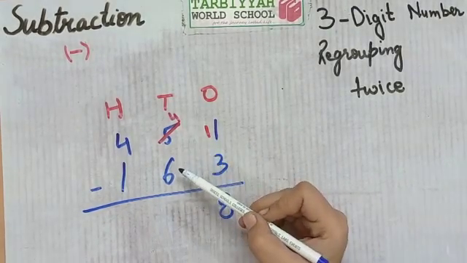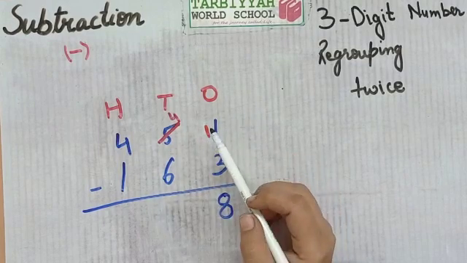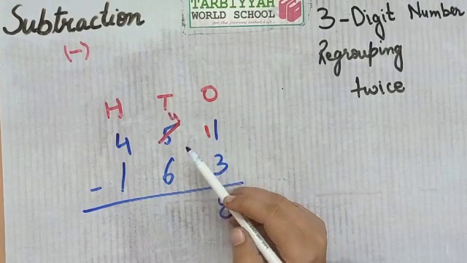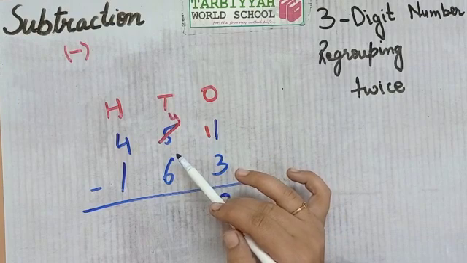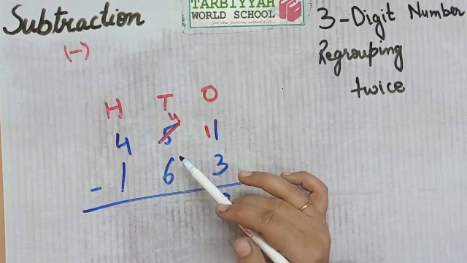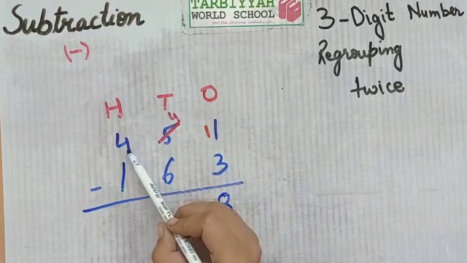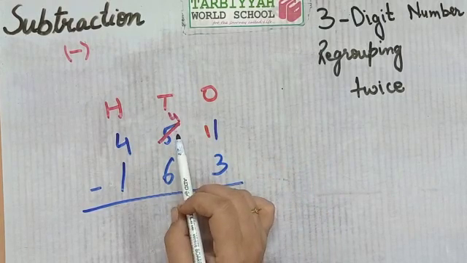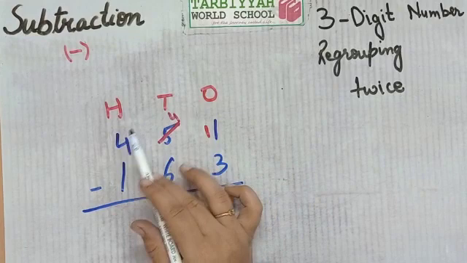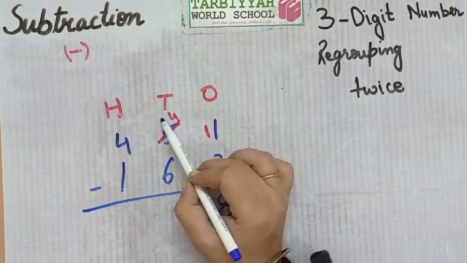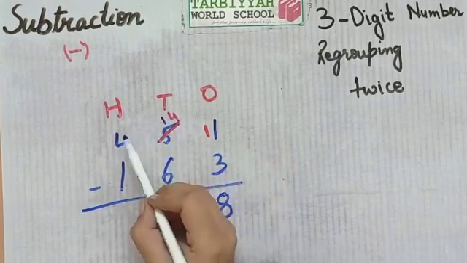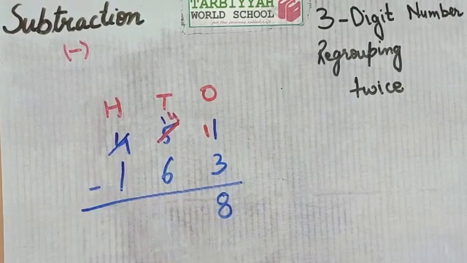4 minus 6. Now we have to subtract the tens. Since there are not enough tens, we will have to regroup. Meaning 4 hundreds and 4 tens, if we give the 1, it will become 14 tens and 4 will become what?